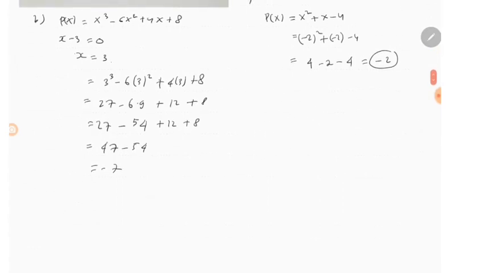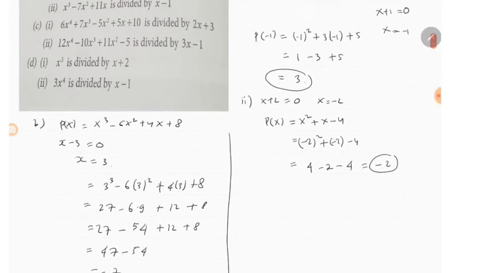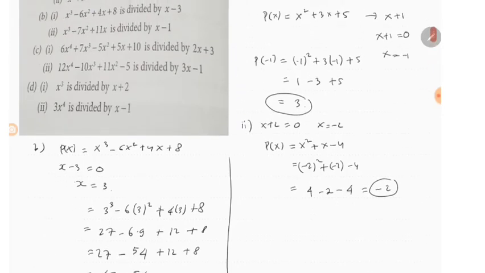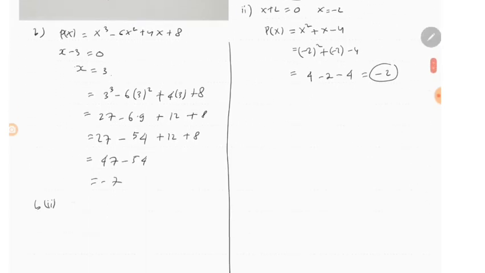How about (ii)? For (ii), p(x) is x cubed minus 7x squared plus 11x, divided by x minus 1.